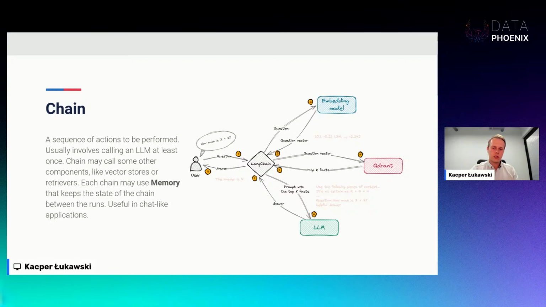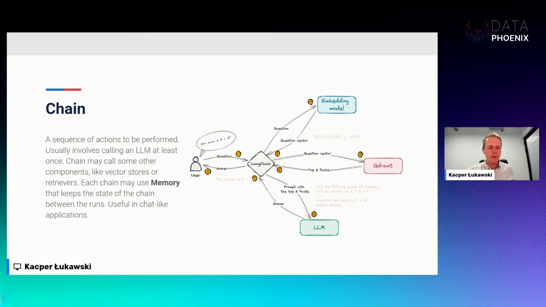And those documents that were retrieved from the vector store, in this example from Qdrant, are then sent as the content of the prompt. So our original prompt is not just the original question, but a request to answer that question based on the context information. And this context information is a set of documents which might be relevant to answer it. So this is pretty common, and this is a set of actions to be performed one after another.